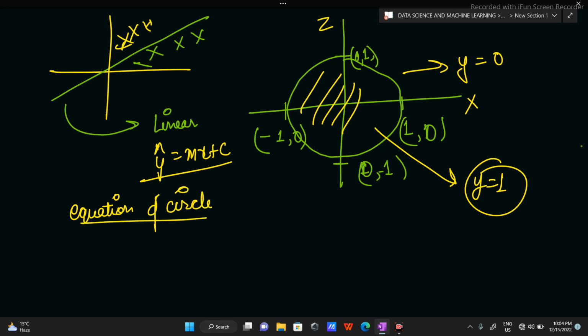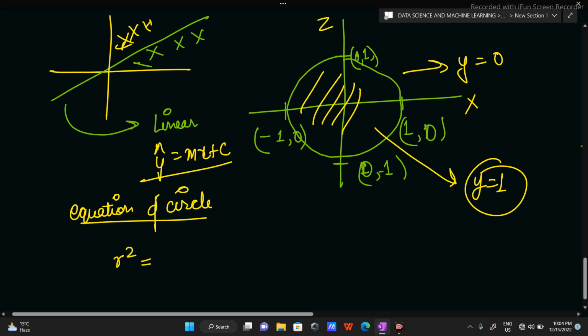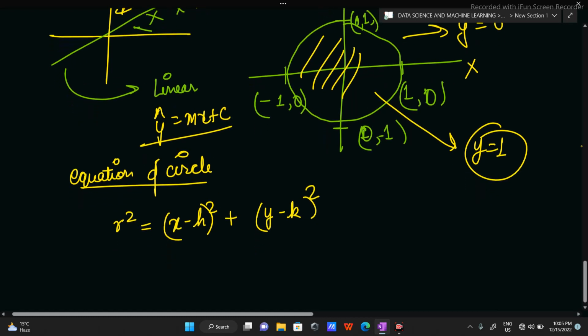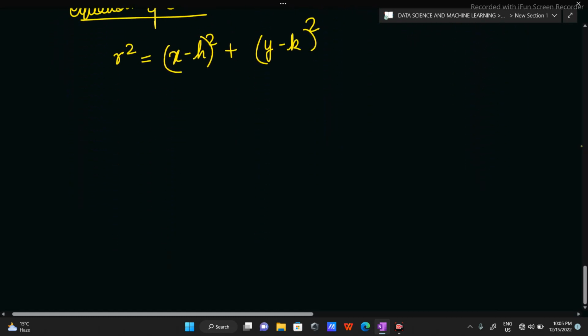It is actually r square equal to (x minus h) square, right, plus (y minus k) square. Do you recall this equation? Okay, let me tell you again.